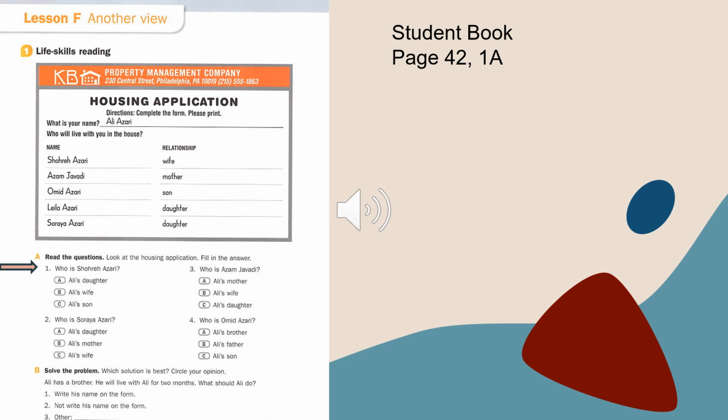Is that Ali's mother, Ali's wife, Ali's daughter? So circle the correct one. And finally, who is Omid Azari? Is that Ali's brother, or is it his father? Is it his son? Choose the correct answer.